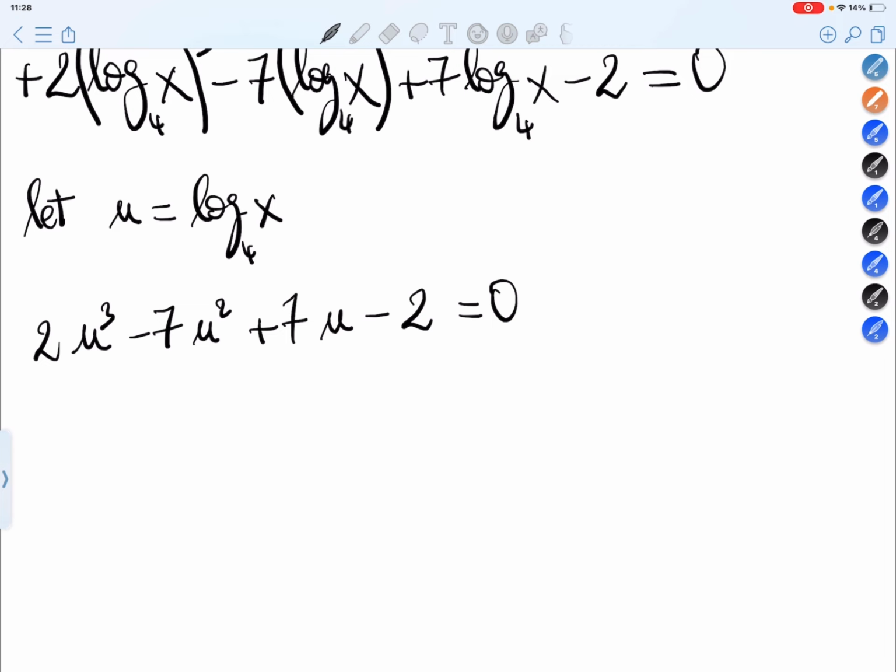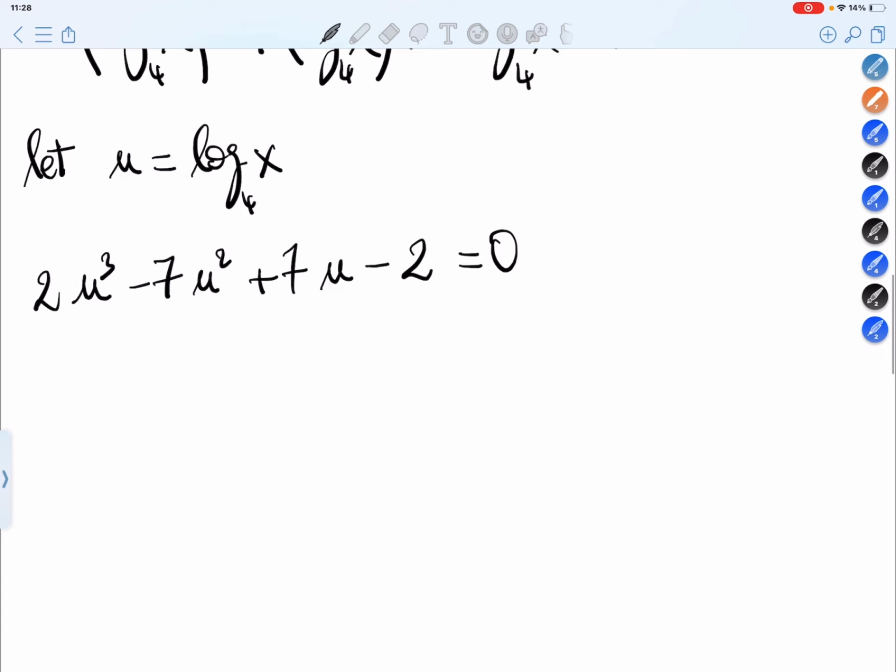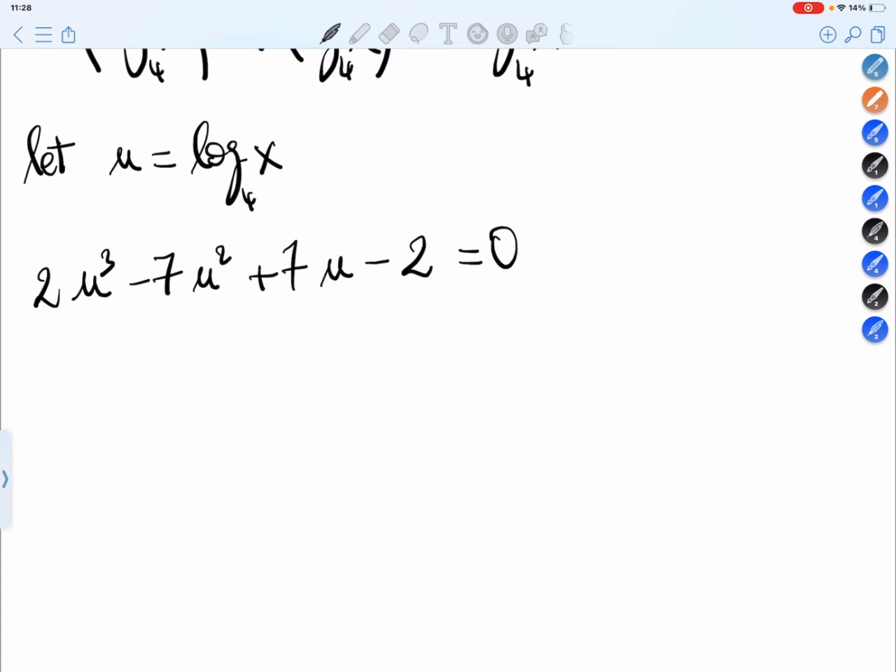So therefore u minus 1 would be a factor of this, because if 1 is a solution, then from the factor theorem u minus 1 would be a factor of this equation. So we can divide this left hand side by u minus 1. That would give us 0 as a remainder.